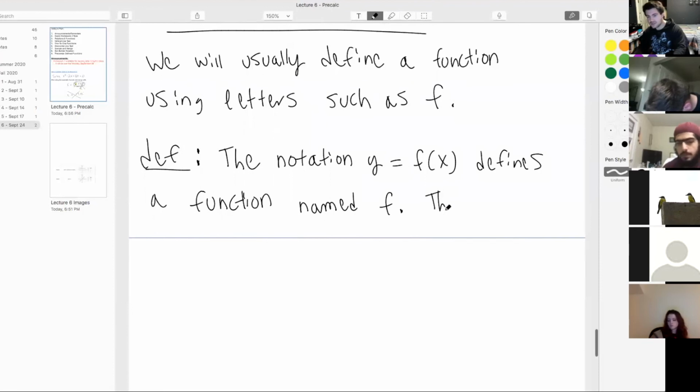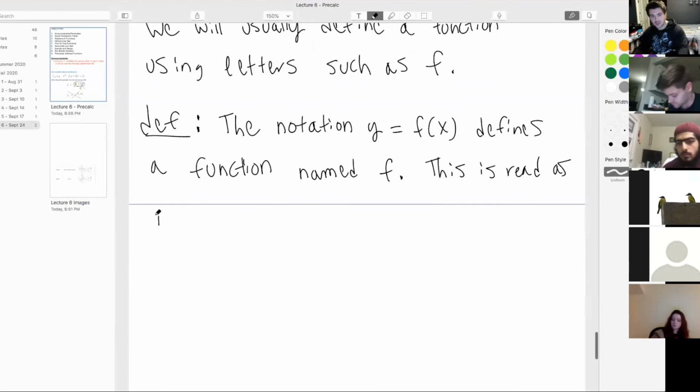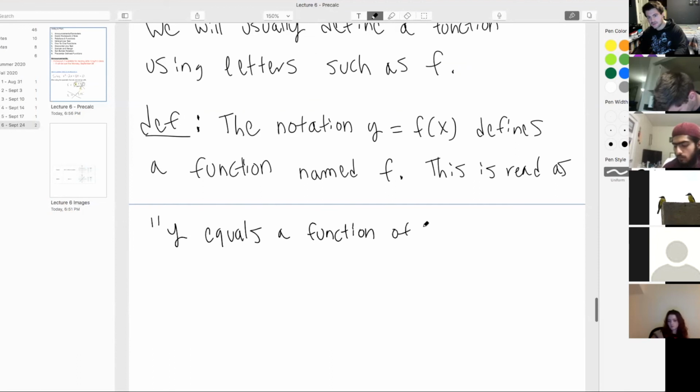How do we read this aloud? This is read as y equals a function of x. It can also be read as y equals f of x.